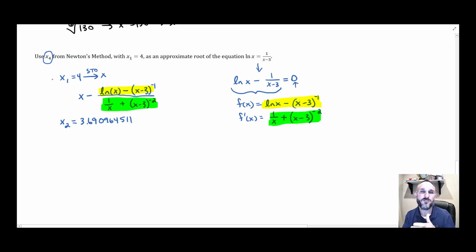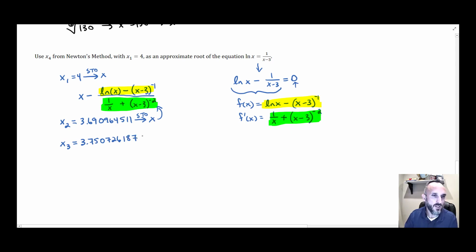And this problem told us specifically to use x sub 4. It didn't specify a precision for our answer. It specified which iteration do you want to use, and that's x sub 4. So now we'll store this new approximation in for x. We'll go back up, enter the formula, hit enter, and we'll get x sub 3 to be 3.750726187.